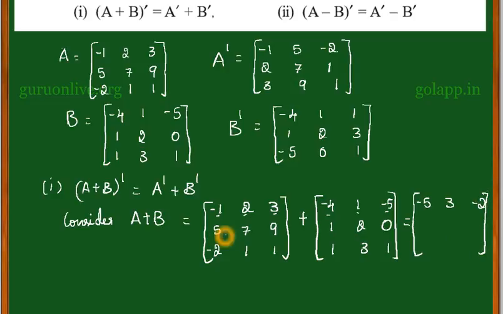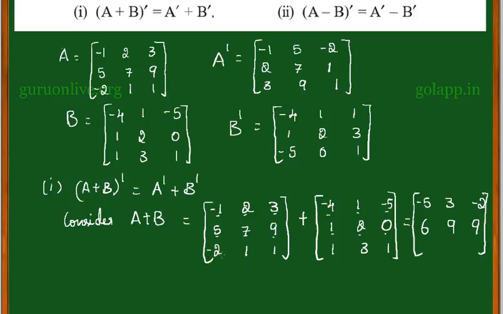Next, in second row, first element is 5, corresponding element is 1. So 5 plus 1 is 6. Second element in the second row is 7, corresponding element is 2. 7 plus 2 is 9. And last element in the second row is 9, corresponding element is 0. 9 plus 0 is 9.